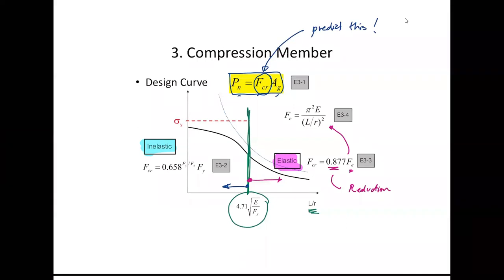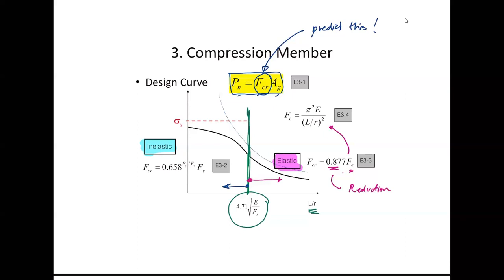You see that? That is the reduction due to out of straightness. Let's say it's not been manufactured very well, it's slightly crooked, or maybe your load is a bit off center, just to be sure that we are still safe, we put the reduction factor multiplied with the elastic buckling stress.